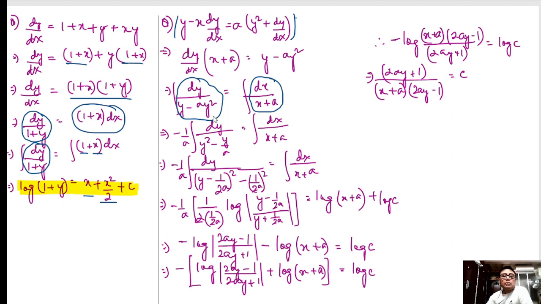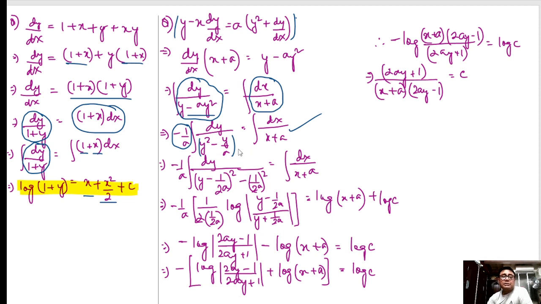Okay, now we are taking a minus common from here, so 1, and then dividing by a up and down, we get this relation. Okay, we are not doing anything here.